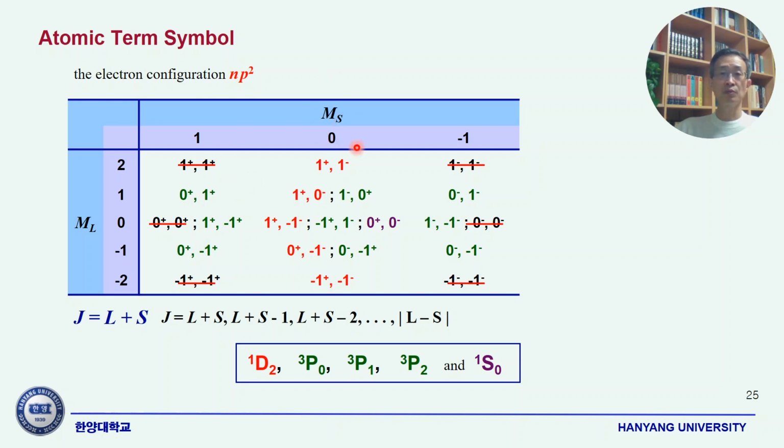MS is 1, 0, -1, so S equals 1, and 2S plus 1 is 3. So all these P terms are triplets.